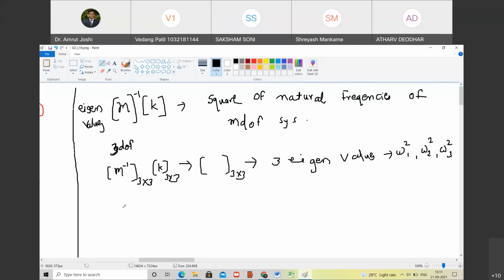Yes, sir. Now, if it is an n degree of freedom system, what is the size of the M inverse matrix? N cross n. What is the size of the K matrix? N cross n. What is the size of the resulting matrix?